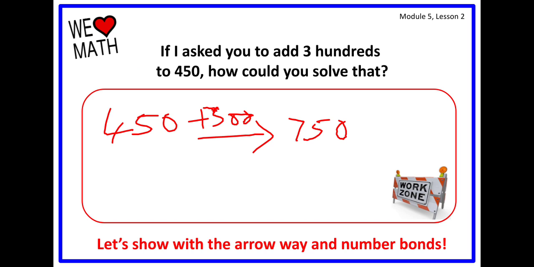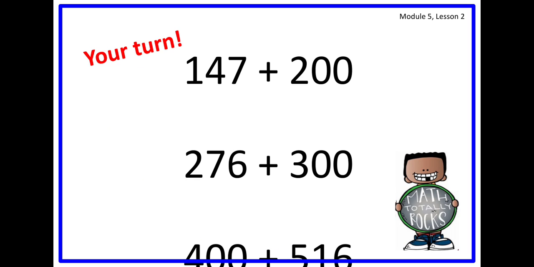You can use mental math for this. 147 plus 200 will give us 347. 276 plus 300 will give us 576. 400 plus 516 will give us 916.